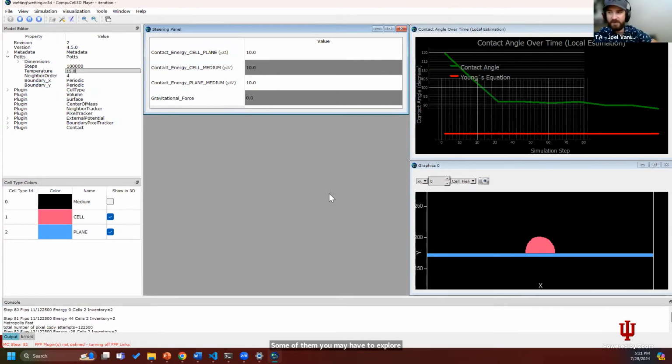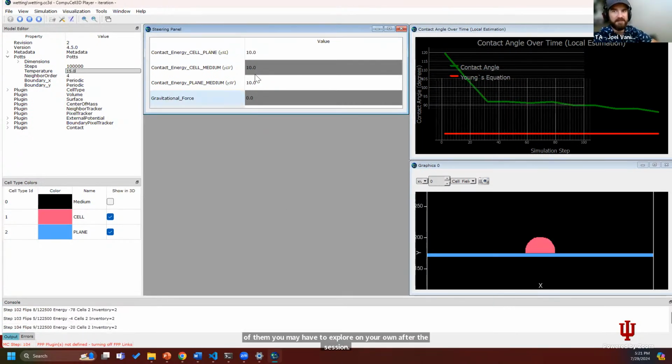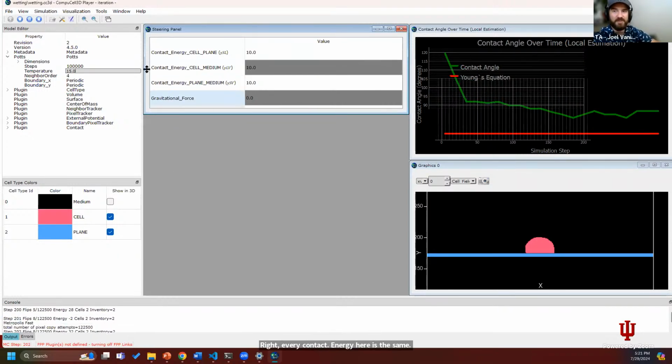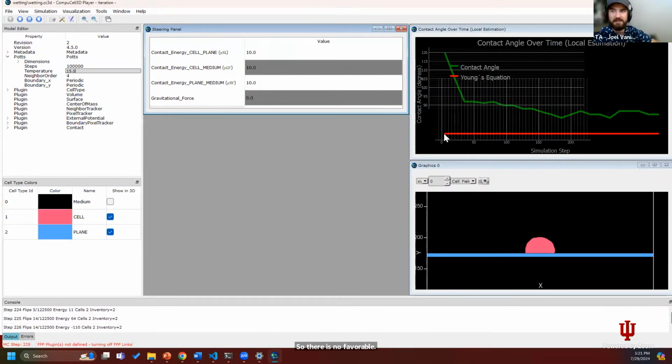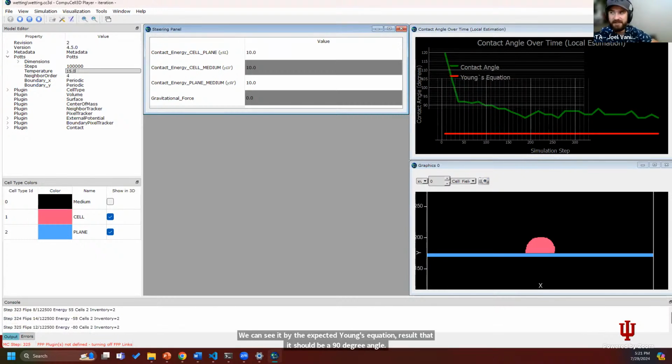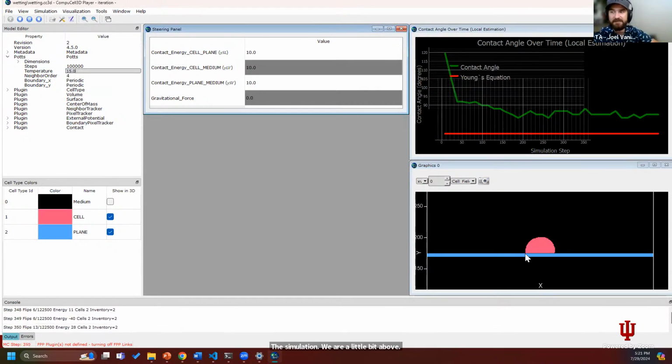Right. So when you start the simulation, if you leave it as is, every contact energy here is the same, so there is no favorable configuration. We can see by the expected Young's equation result that it should be a 90-degree angle. On the simulation, we are a little bit above that when we calculate the height versus the contact area underneath on the substrate.